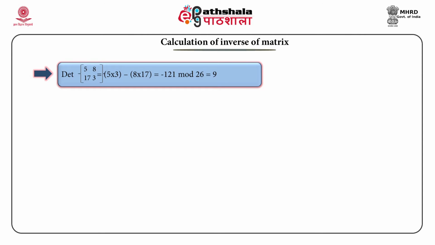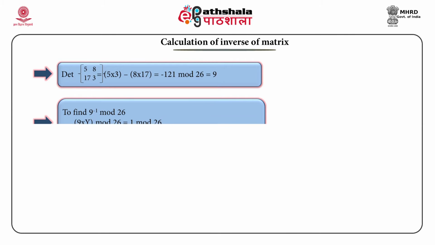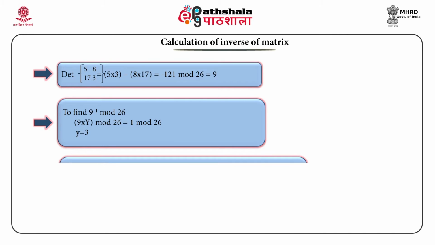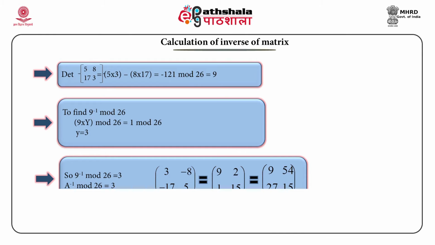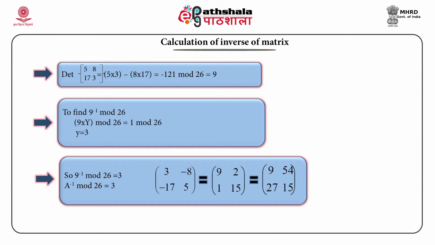What you need to do now, d of ji, j is 1, I is 1. Subdeterminant is obtained by removing the row and column in which the element is lying. So, if you have focus on the slide, I is 1, j is 1.